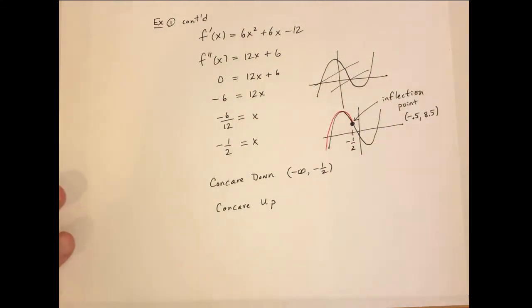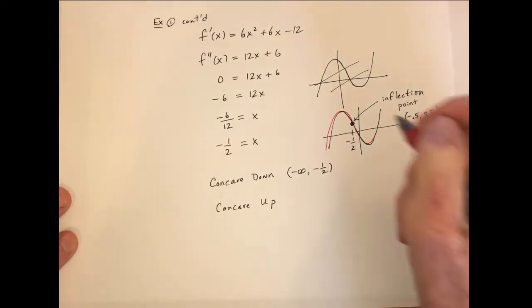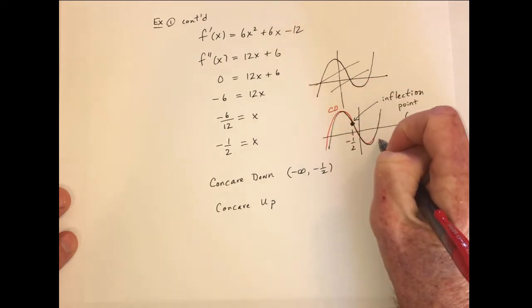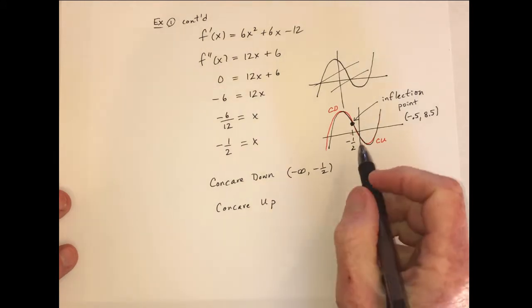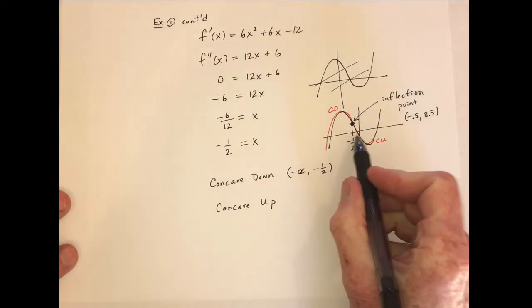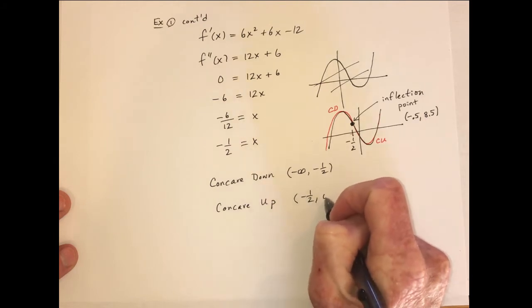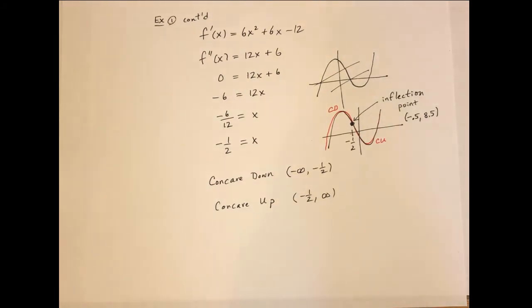And then this part is concave up. Sometimes they just abbreviate it. This is concave down, and this is concave up. So for concave up, that would be from -1/2 to the right, so from -1/2 to infinity. Okay, so that's the basics.